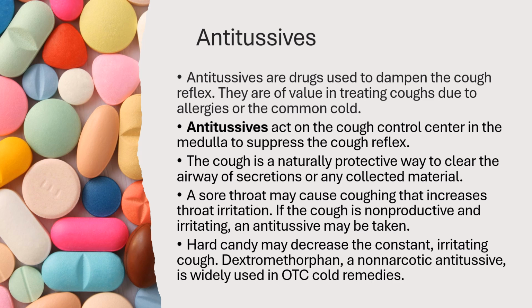Care must be taken when using these medications in patients with asthma because bronchoconstriction may occur. Opioids may be combined with other drugs such as antihistamines, decongestants, and non-opioid antitussives in the therapy of severe cold or flu symptoms. Some of these combinations are listed in the incoming charts.